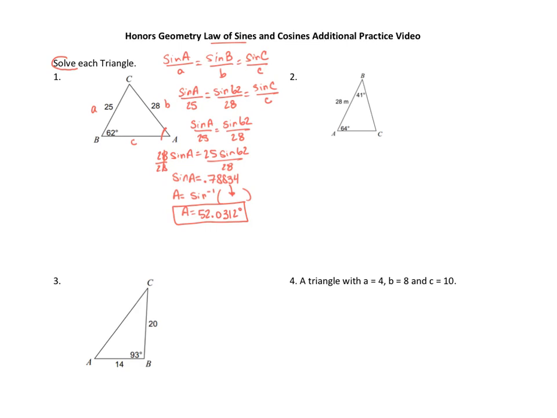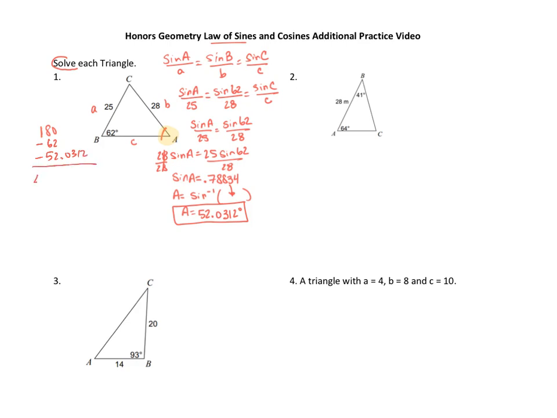So now I've got angle A right here. So this part I've solved for. So we can move on, and I can solve for angle C really fast now, because it's 180 minus 62 minus 52.0312.